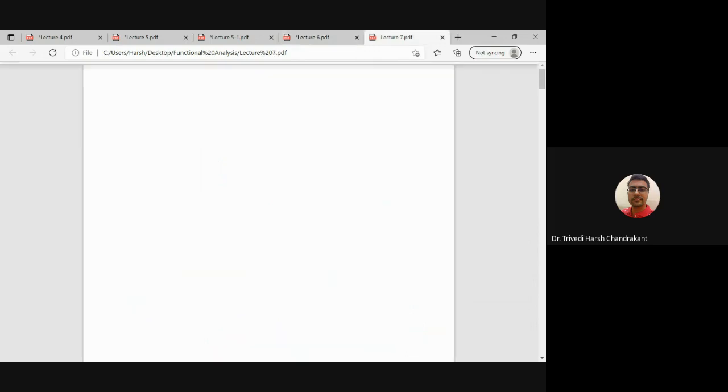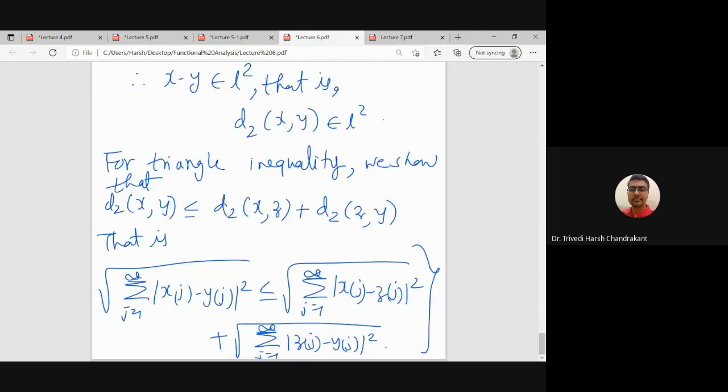So let us start with the nth partial sum of the left series, that is in terms of x minus y. Summation 1 to n modulus xj minus yj square.